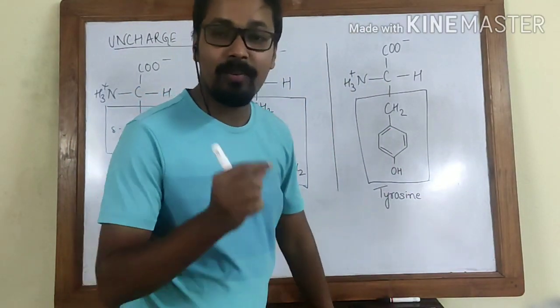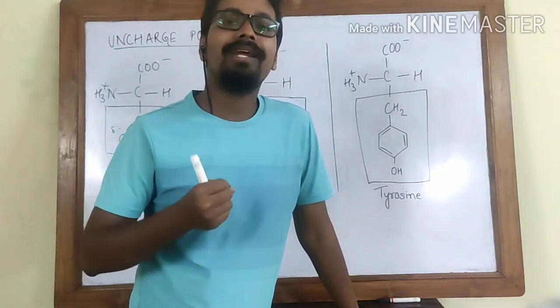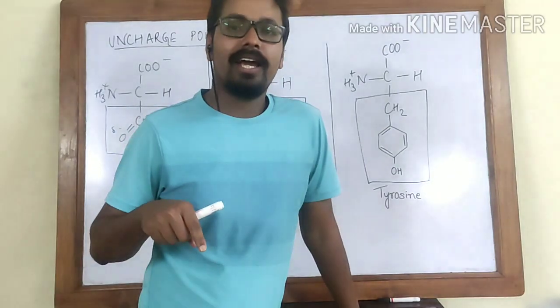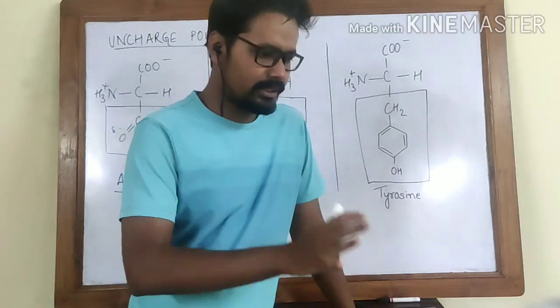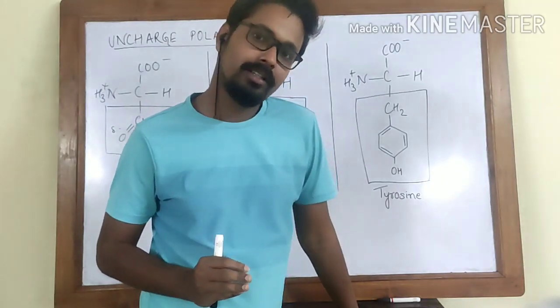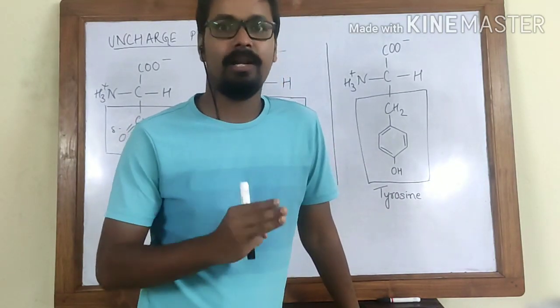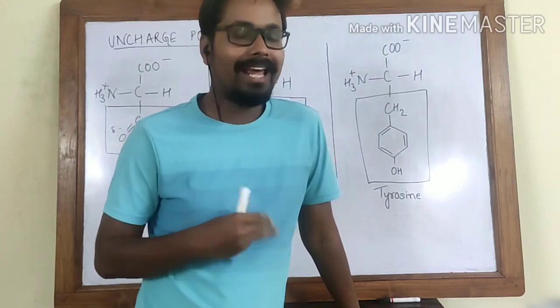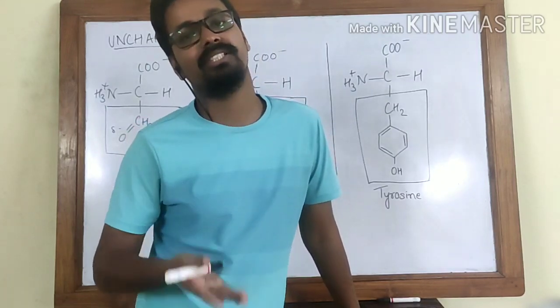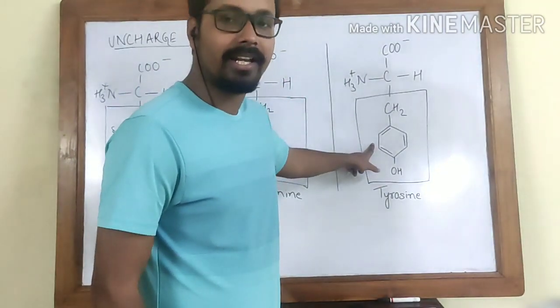Since it contains this aromatic ring, it will have the property of absorbing light and giving peaks of light absorbance, which we will study later on. Just for now, remember that tryptophan, tyrosine and phenylalanine, these three amino acids absorb light, and that helps us in detecting the property of the amino acids, and this is because it contains one aromatic ring.